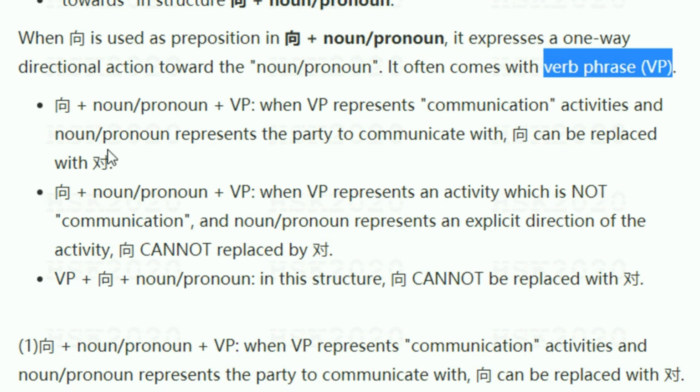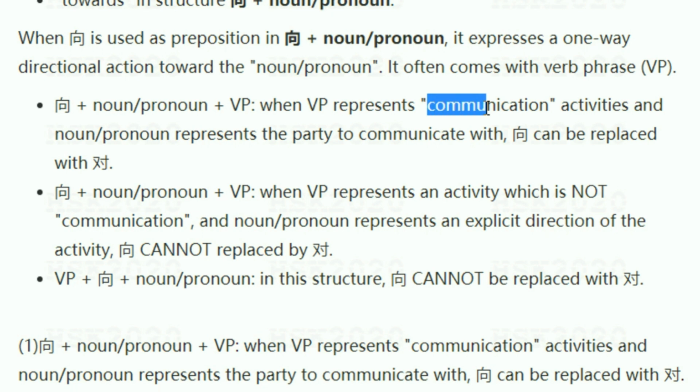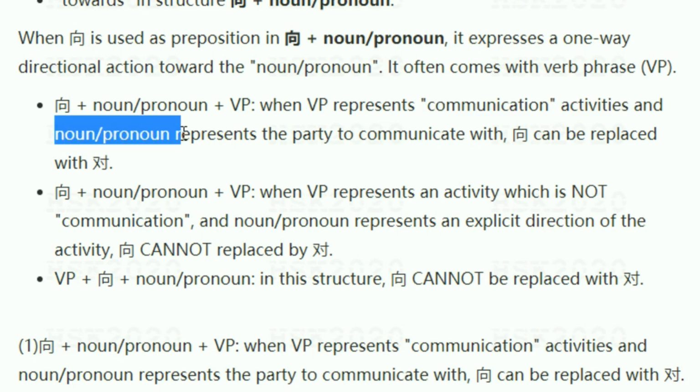First, when the verb phrase represents a communication activity and the noun or pronoun represents the party to communicate with, in this situation, sometimes 向 can be replaced with the character 对.